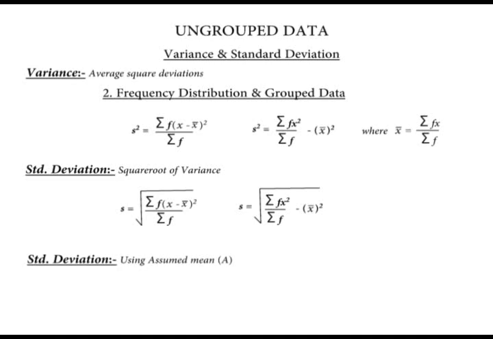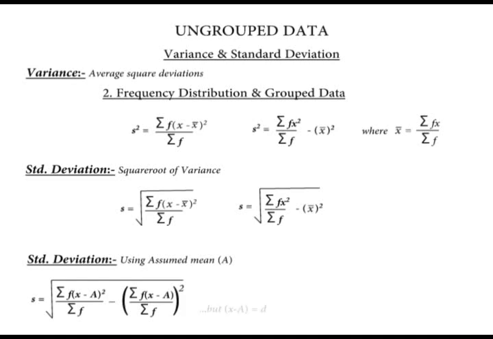If you used the assumed mean, you can use it to calculate the standard deviation, but the formula will be different. Standard deviation will be equal to summation of f times x minus a squared over the summation of frequency minus the summation of f times x minus a over summation of frequency, everything squared, and then the square root of whole.